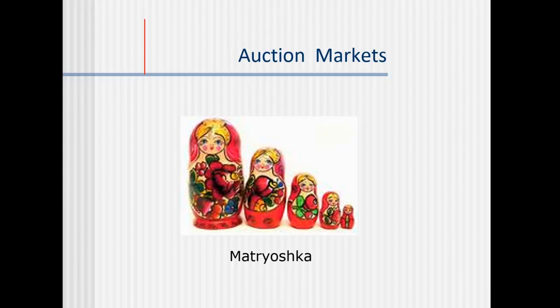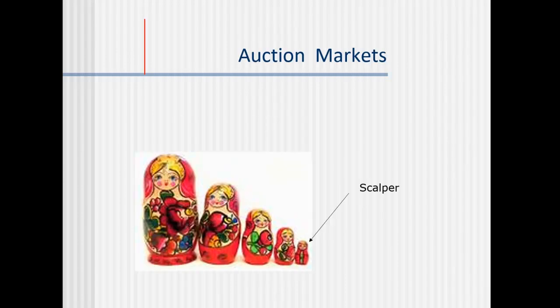It goes inside the one that's a little bit larger, and then both of these two fit in that one, and then these three will fit in this one, and all of them eventually will fit in the biggest mother doll.